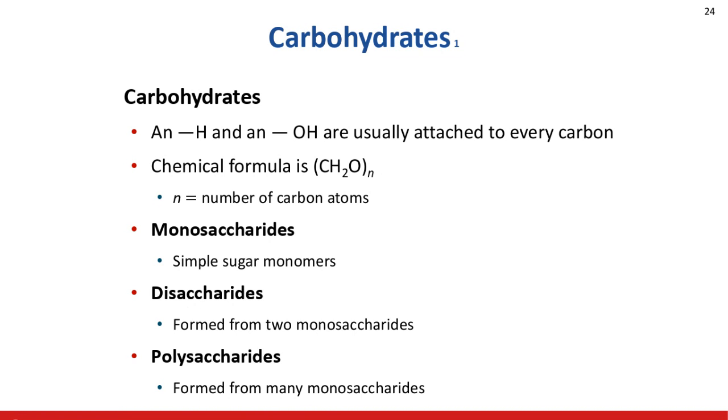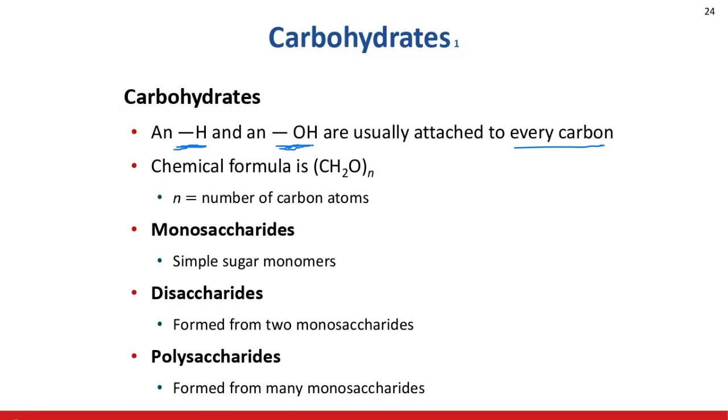When we're dealing with carbohydrates, we're dealing with macromolecules that, from a chemical standpoint, have a hydrogen attached to the carbon, and they also have an OH group attached to each carbon.